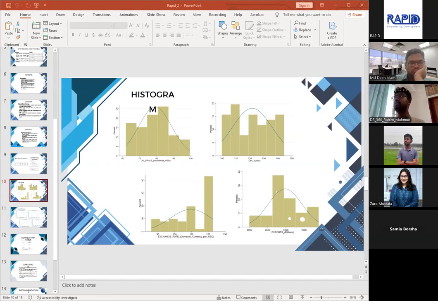The superimposed normal distribution curve allows us to compare the actual data with a theoretical normal distribution. From these histograms, we can visually examine whether the variables are approximately symmetric or skewed.